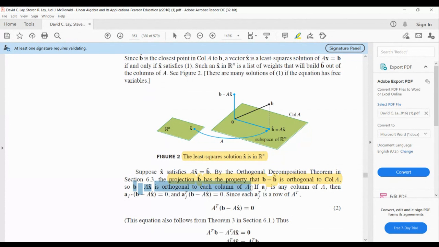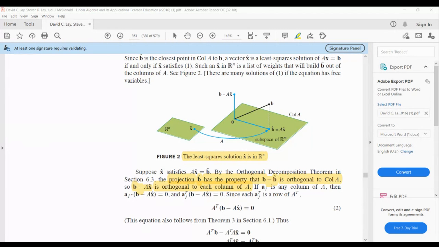And b minus A times x hat is going to be orthogonal to each column of the matrix A, because the column vectors of the matrix A are in that subspace, the column space of A in figure 2.